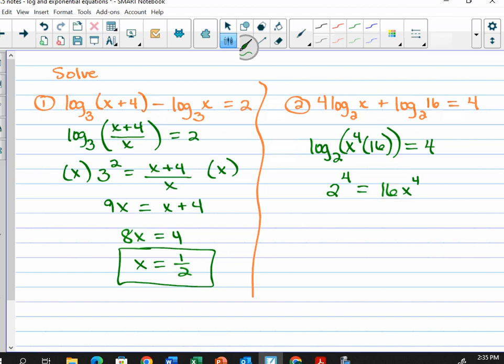Now from here, you can either do 2 to the fourth and then divide, or you can just take the fourth root right away. Then we get to 1 equals x to the fourth. The fourth root of 1 is just 1. Again, we can't use the -1 because of the logs. Does that make sense now?